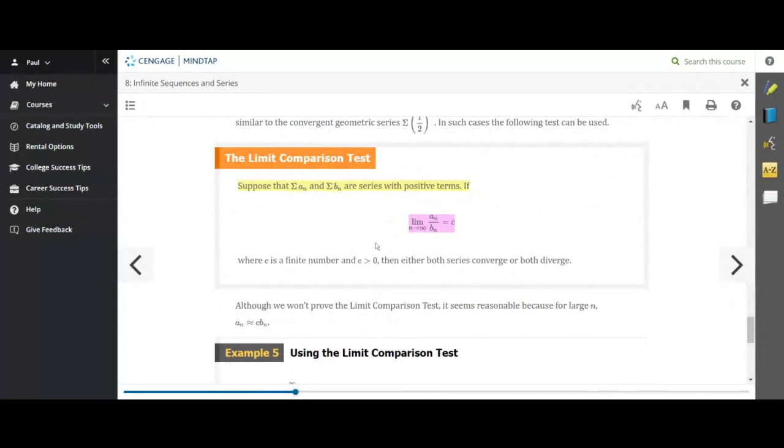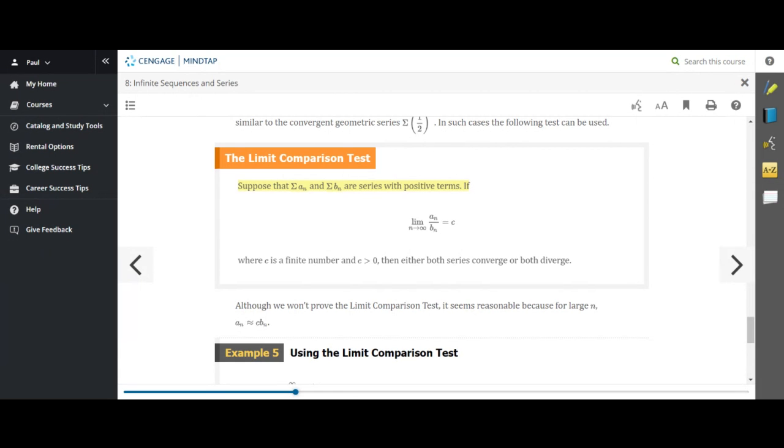Okay. We have a test called the limit comparison test. This is another test. Again, normally you have a difficult series, and what you're trying to do is relate that difficult series to an easier series that you know something about, like a P series.